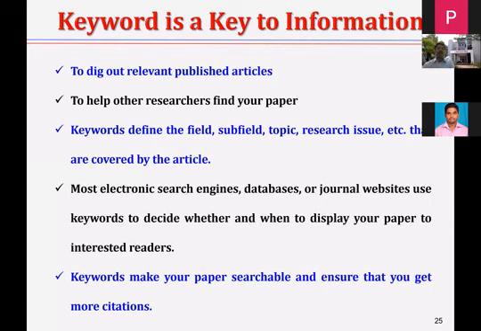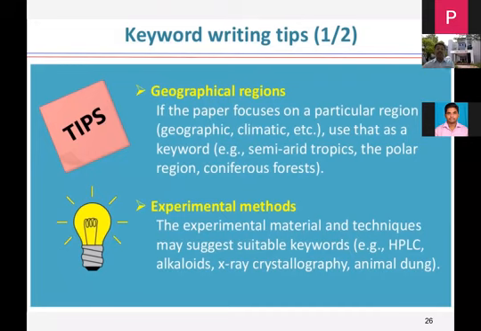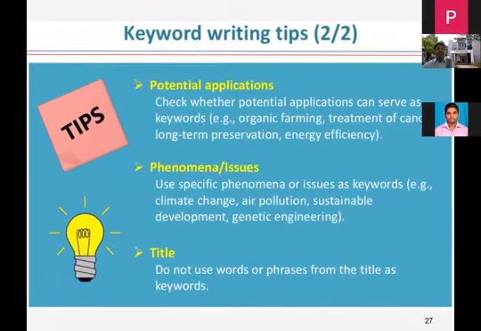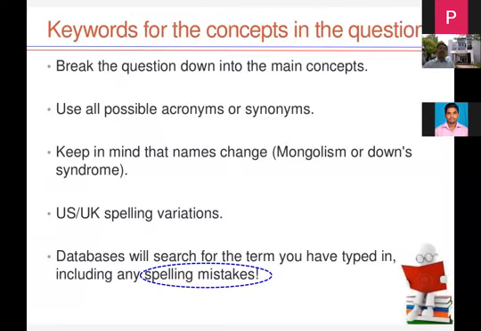Keywords can be based on experimental method, geographic region, disease, or application. Keywords can be something which is the most important outcome of your paper. Let me ask in such a way. Say you spent a lot of time publishing your paper, and after it is published, somebody is reading it.